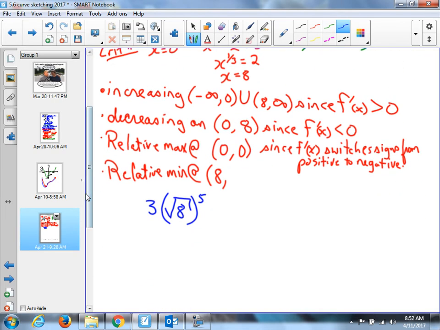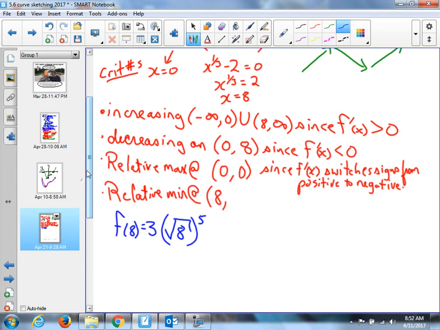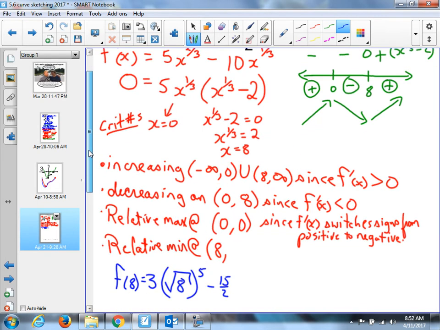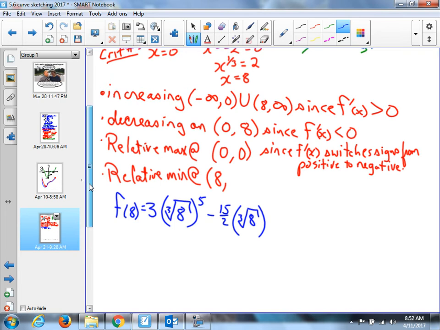So I'm doing my math. 15 halves. Cube root 8, then to the power of 4.